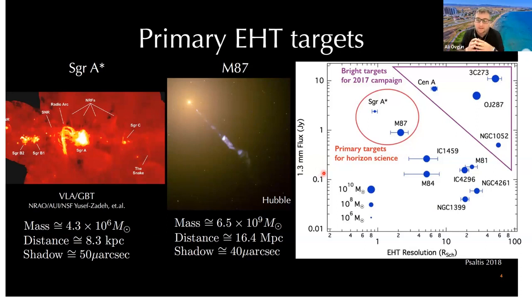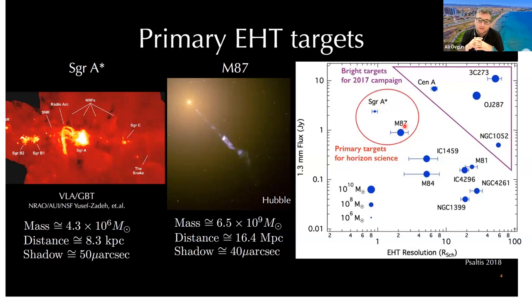The point here is that as you go towards the left on the x-axis, you get higher and higher resolution, so that Sagittarius A* and M87 are very clearly the two best candidates for us to get a horizon-scale image.